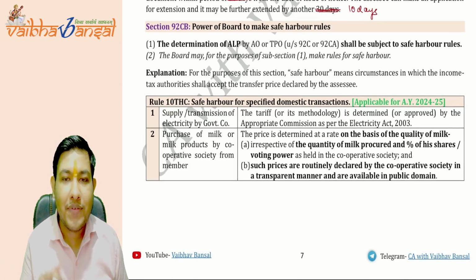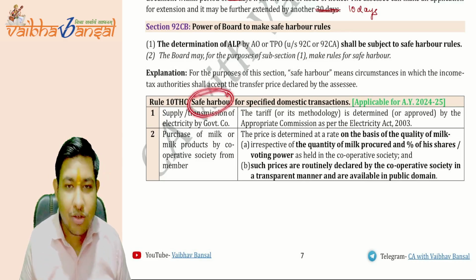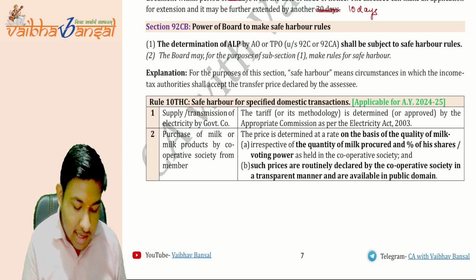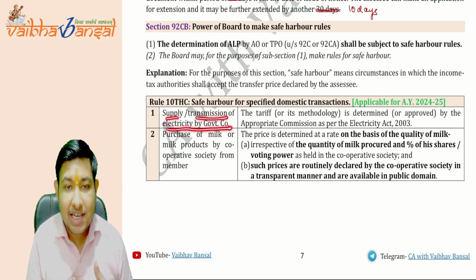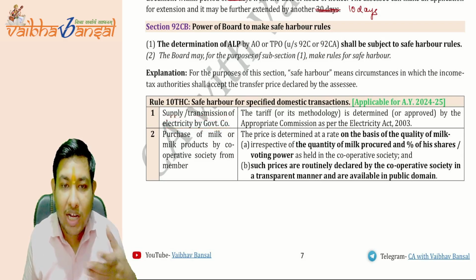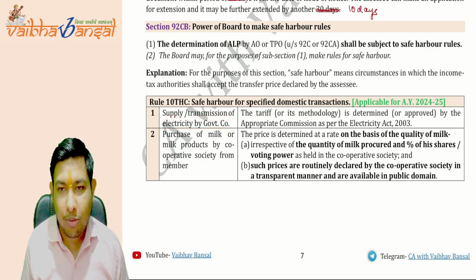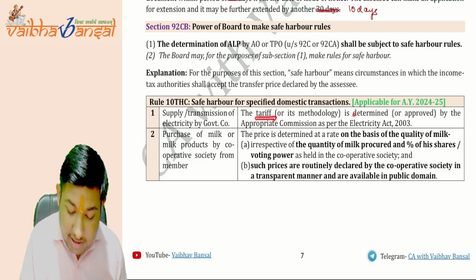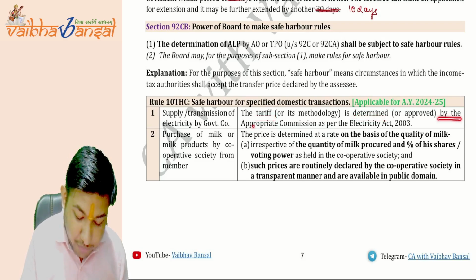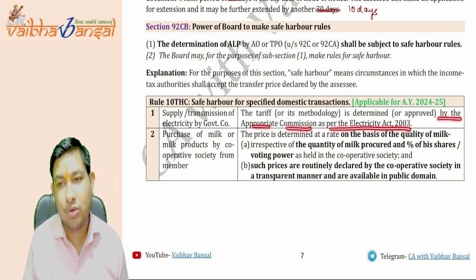So how will we compute the safe harbor? Safe harbor computation is very easy. Supply or transmission of electricity. If our assessee is engaged in supplying or transmission of electricity to the government, the minimum price is the tariff determined or approved by the appropriate commission as per the Electricity Act 2003.